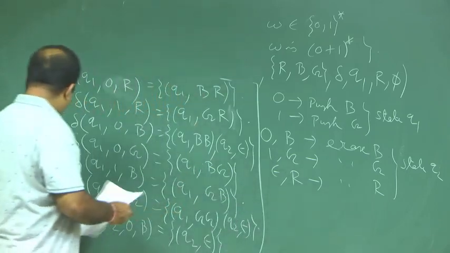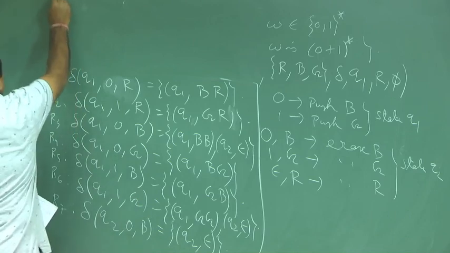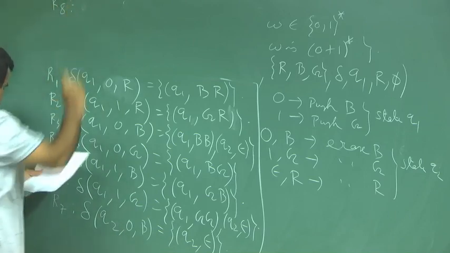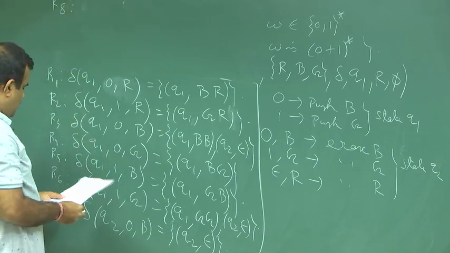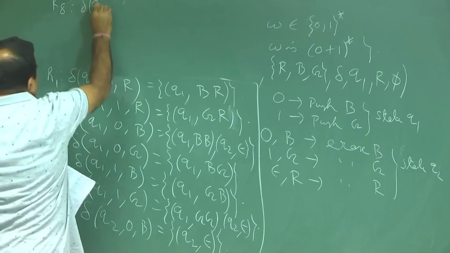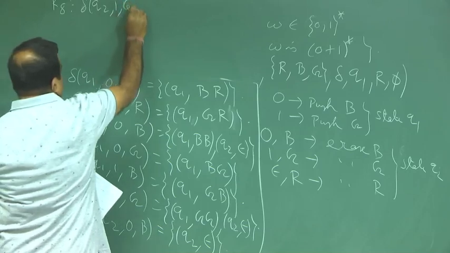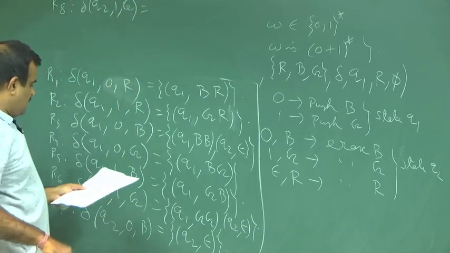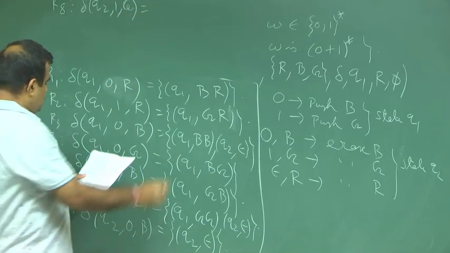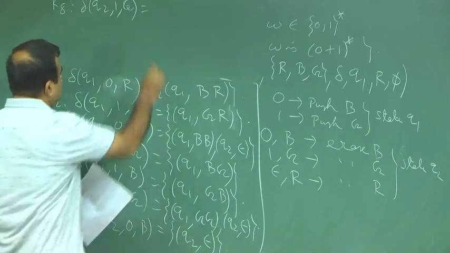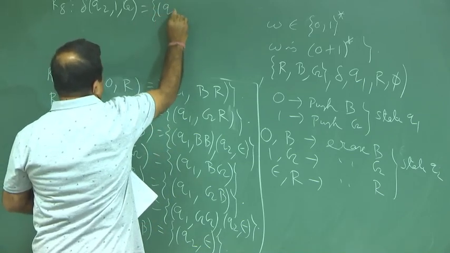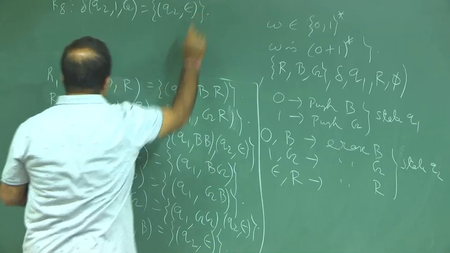Okay, so this is R7, R8 I will write here. R8 is delta of Q2 1 G, this will be Q2 epsilon.